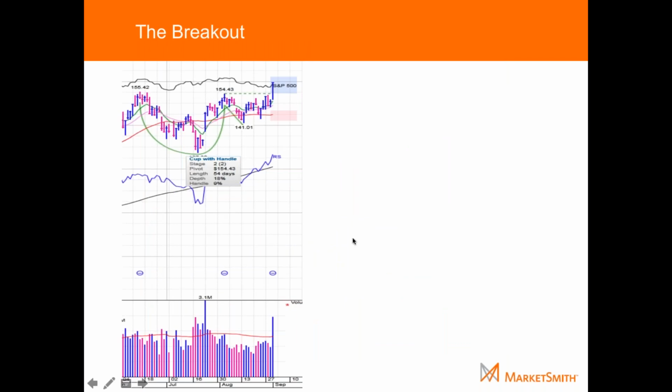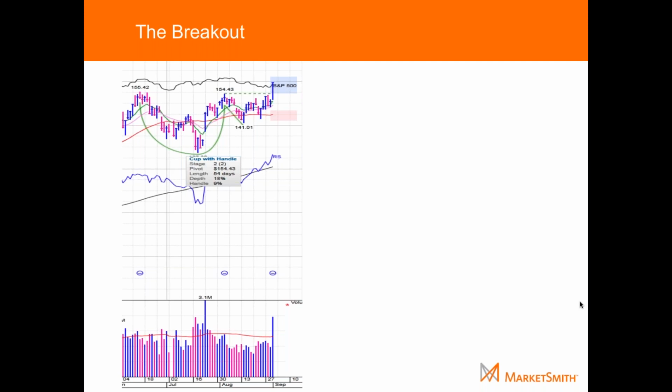Okay, so here is an example of a cup with handle breakout. You can see pretty much a perfect cup with handle here. Now, a few things I want you to notice. The main area we want to pay attention to volume is on that breakout day, like I mentioned.